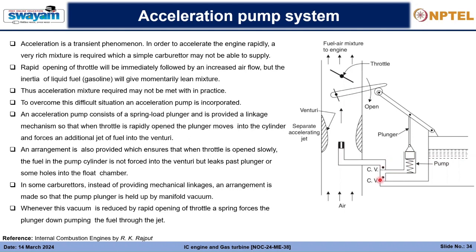Accordingly, this rich fuel-air mixture will not be provided. So it senses based on that, and that is the acceleration pump system when we need to suddenly accelerate our vehicle.